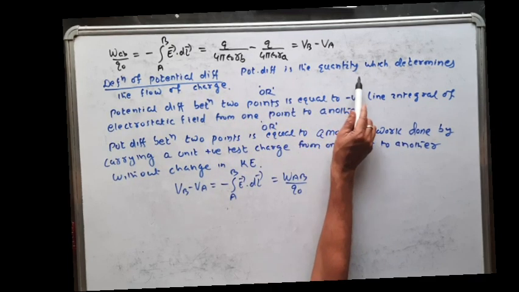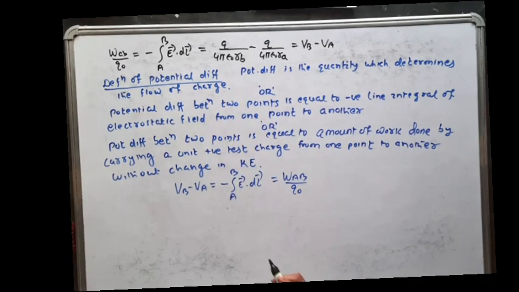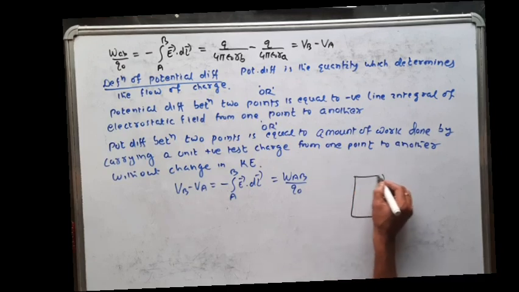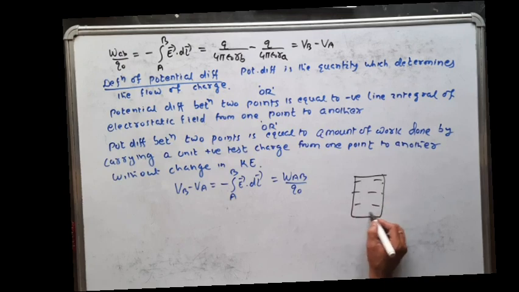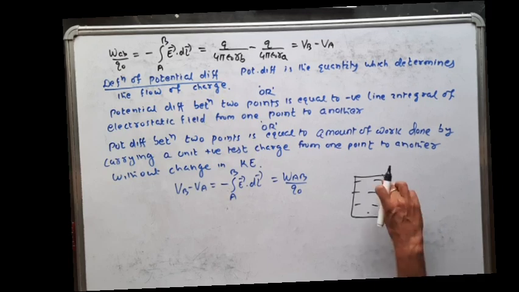Potential difference is the quantity which determines the flow of charge. Just like, suppose you take a water tank. If you open this tank, what will happen? Water will come out. This water is coming out due to the level difference of water.